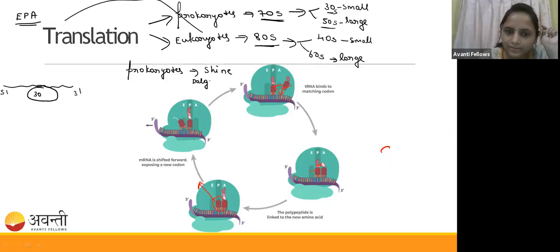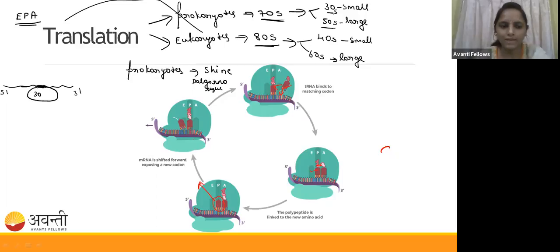It is a sequence consisting of nucleotides, for example, AAUGGU, like that. That Shine-Dalgarno sequence is present on the mRNA. Then this ribosome is going to bind to the Shine-Dalgarno sequence. Now a complex of the ribosome and the mRNA has formed.